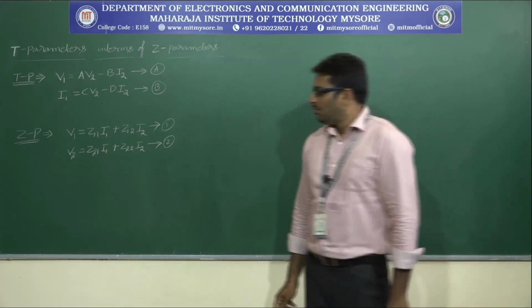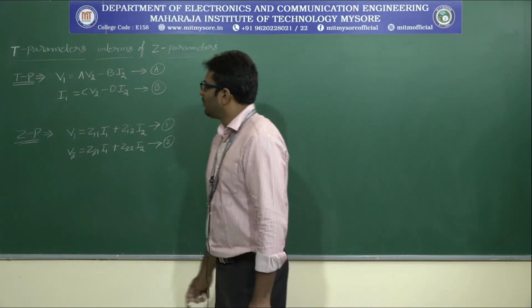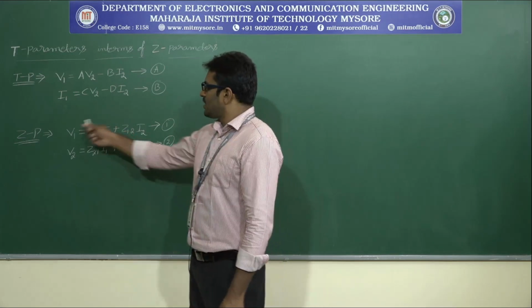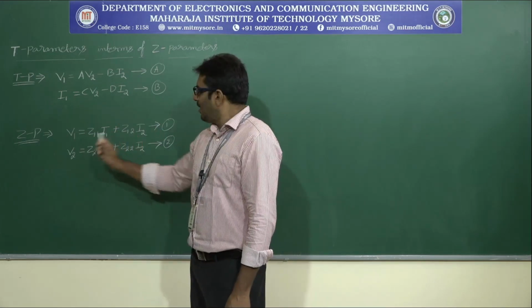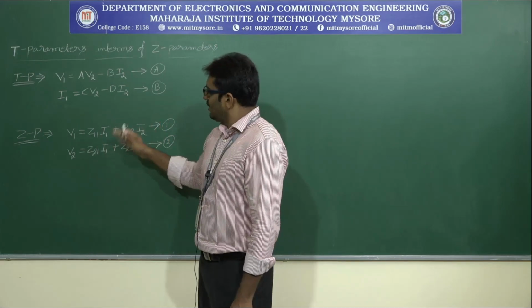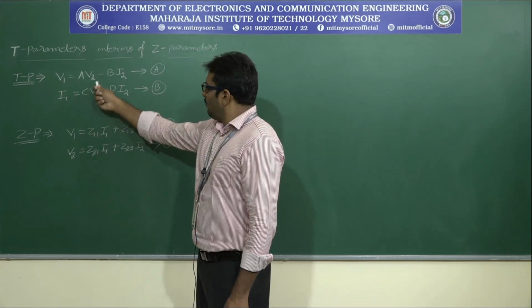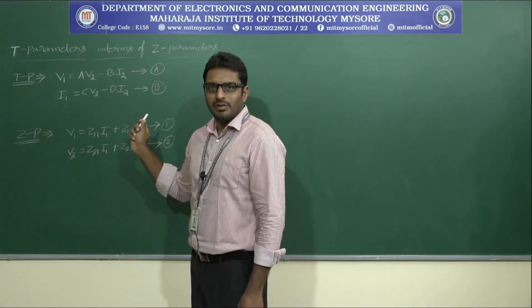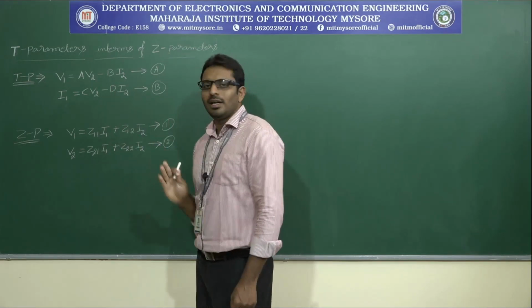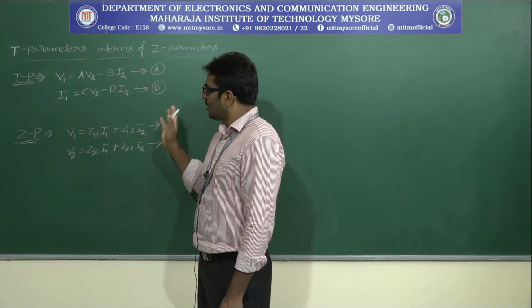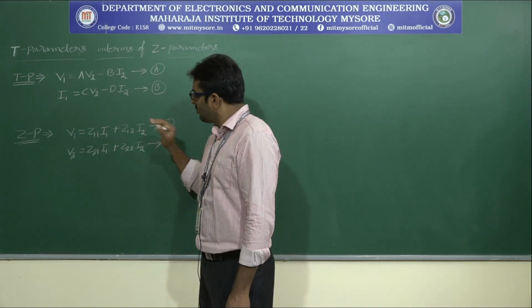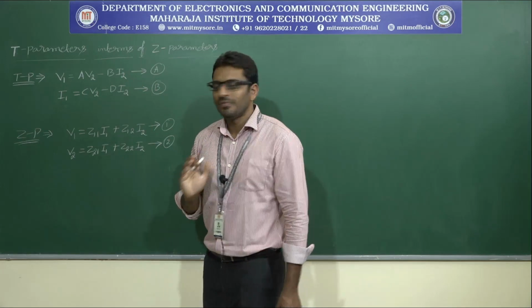Now as usual, what is the procedure to find the interrelationship? First check the variables of equation 1: V1, I1, I2, right? Just compare with equation A. V1, yes, it is there. V2, it is not there. So it is not possible to rearrange equation 1 in the form of equation A.